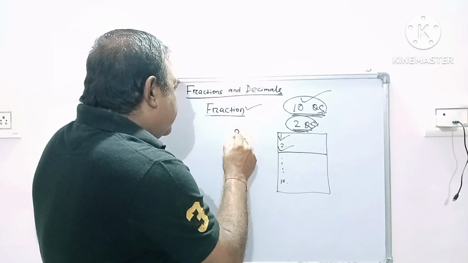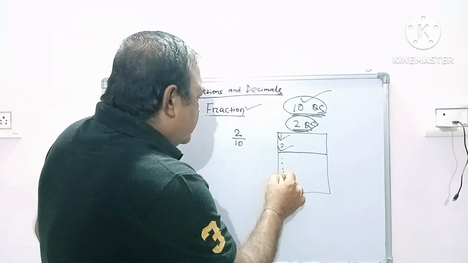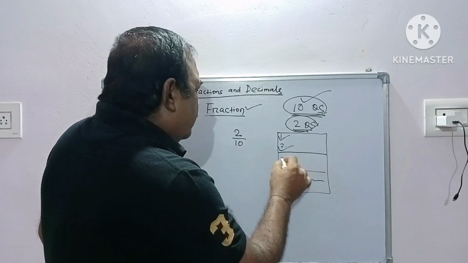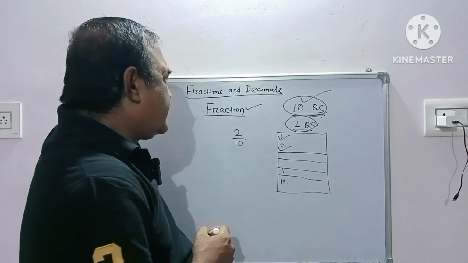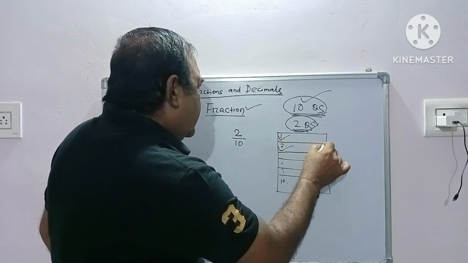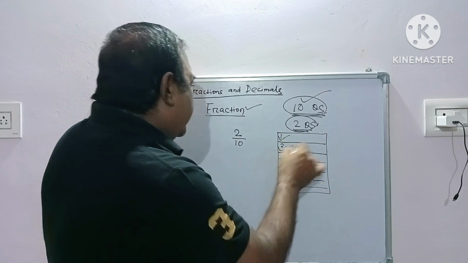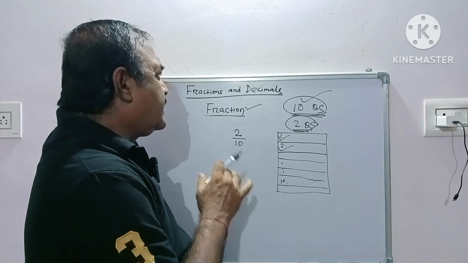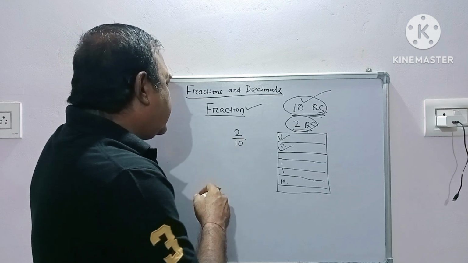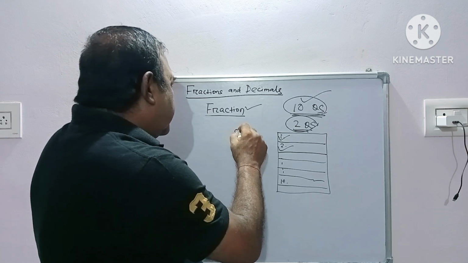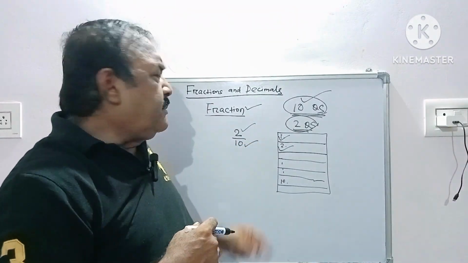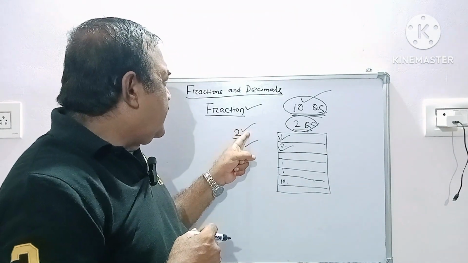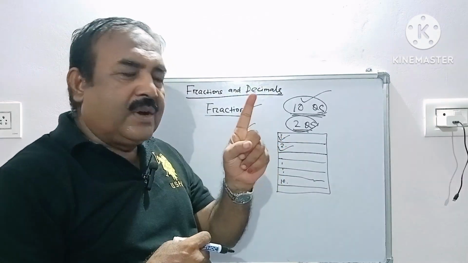Yes or no? If you divide 10 questions, equal division, 10 divisions, and you take 2 parts of it. So out of 10, you will have to take 2. So this is numerator and this is denominator.